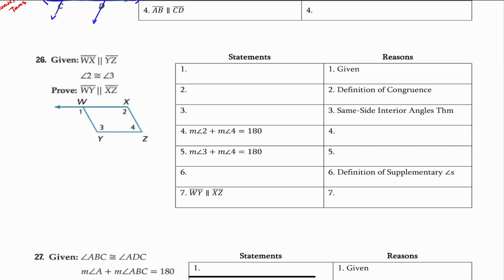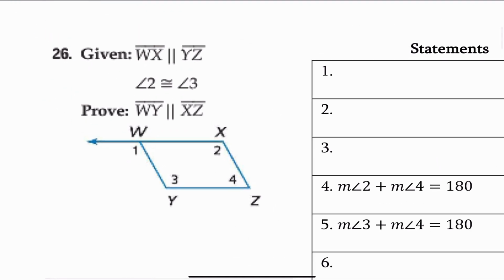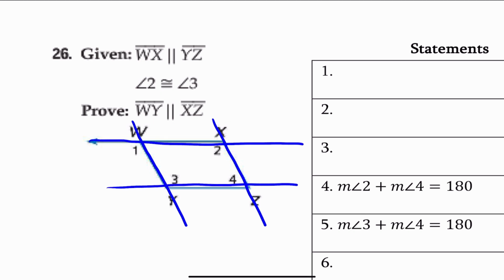Let's see number 26. Given that segment WX is parallel to segment YZ, so in fact, I'm just going to go ahead and extend these lines anyways, right from the beginning. So I have lines and lines. We can see that WX is parallel to YZ, and 2 is congruent to 3.